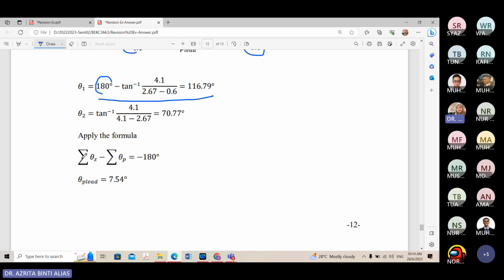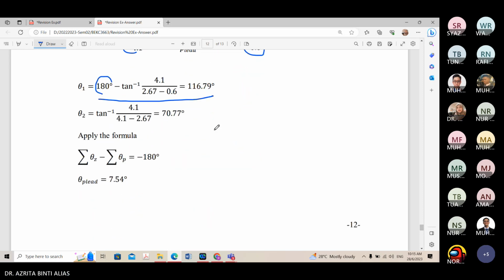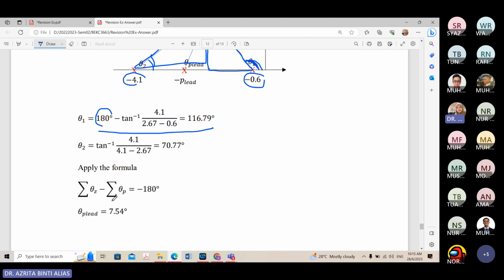Okay, so you apply lah. So no angle from the zeros. So that means the theta P lead is equal to 180 degree minus 116.79 plus 17.77.